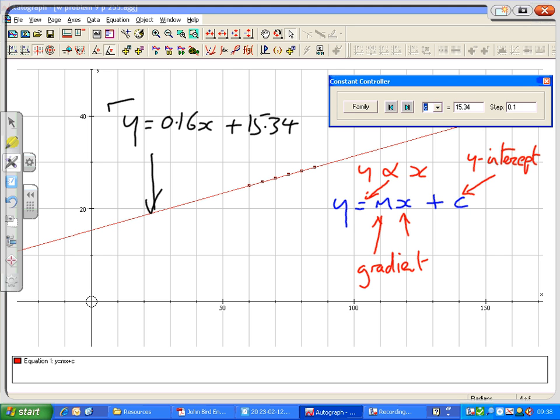So this describes this line, and that's called the equation of the line.